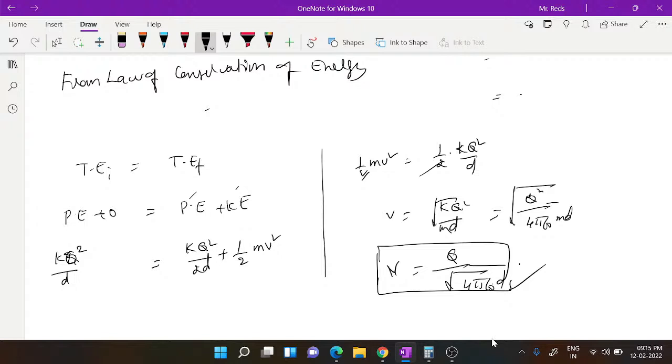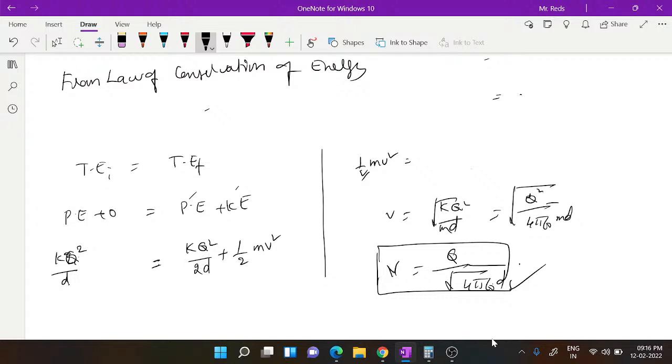Okay, a small mistake we did here. Actually, the initial potential energy is kq square by d. The final potential energy, correctly, is k q1 q2 by 2d, 2d only.